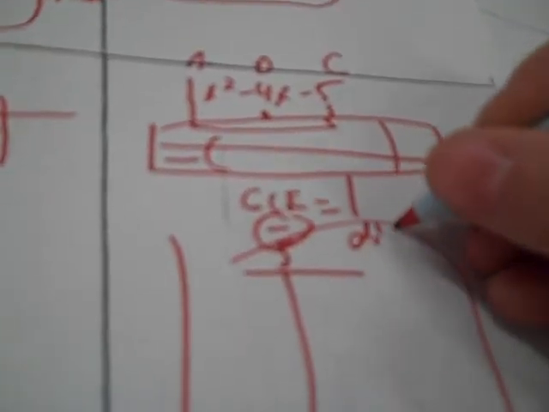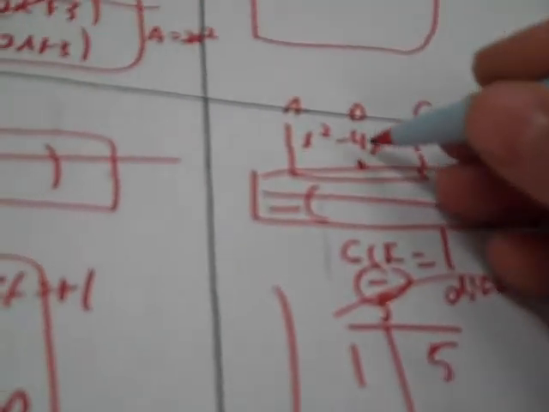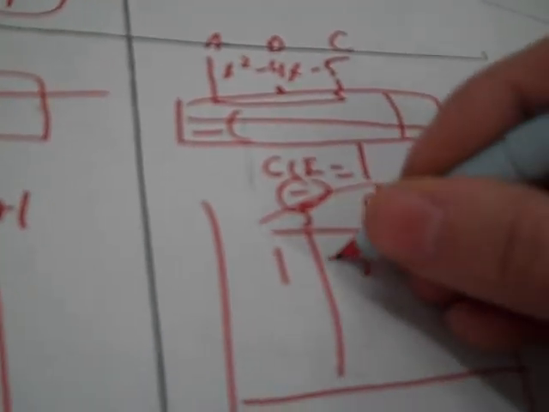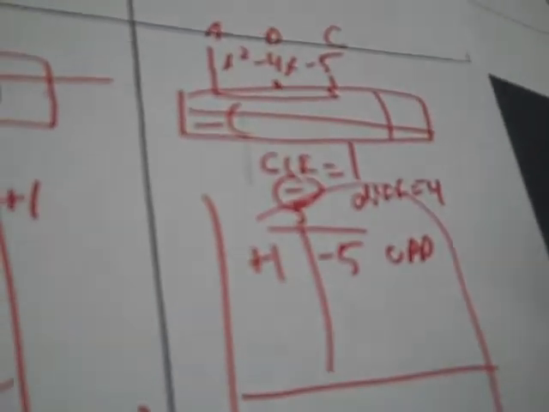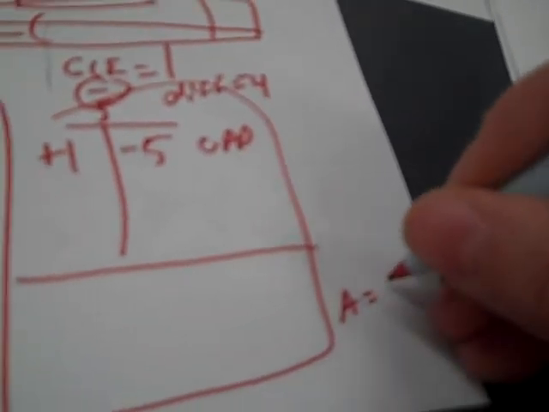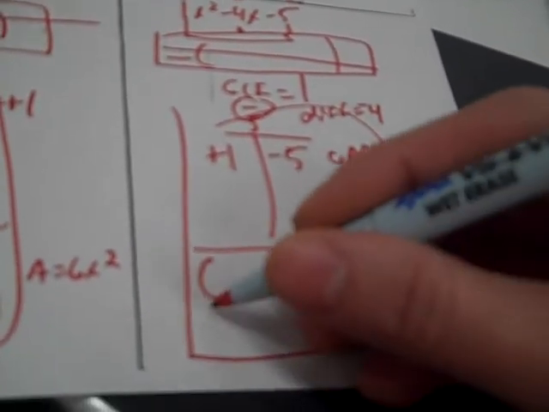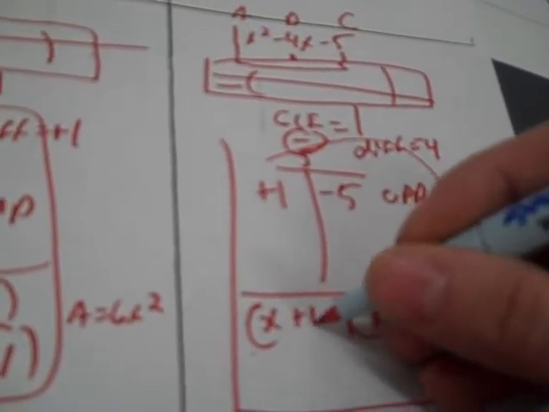So difference of 4. It's 1 and 5. So 4 being negative means 5 is negative, and the negative product means opposite signs. Okay, A is just a plain old 1. So easy one to factor. Don't need to go down. X plus 1 minus 5. So x plus 1 times x minus 5.